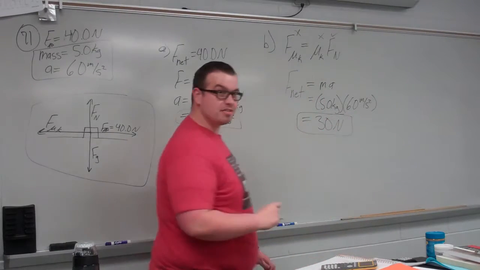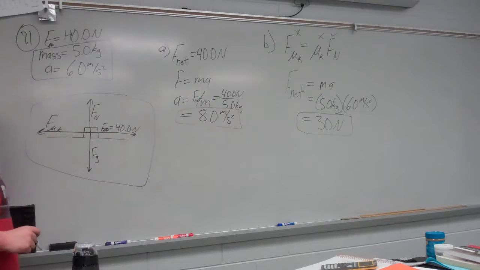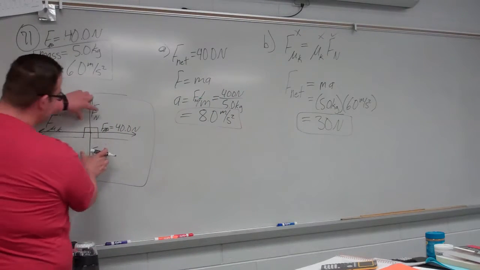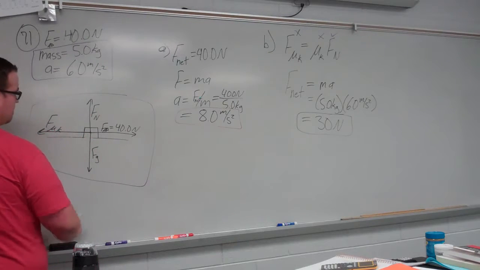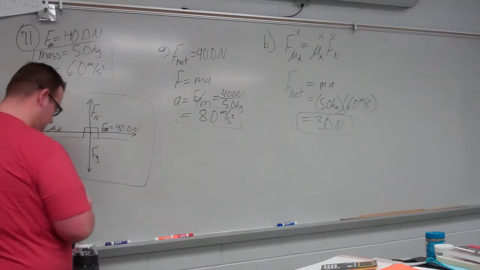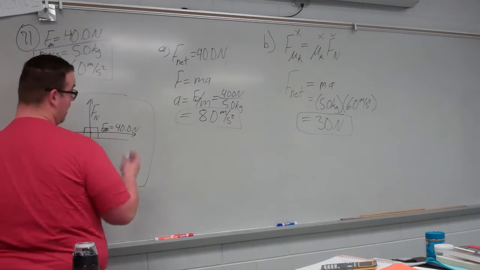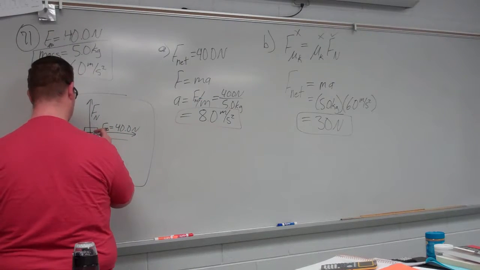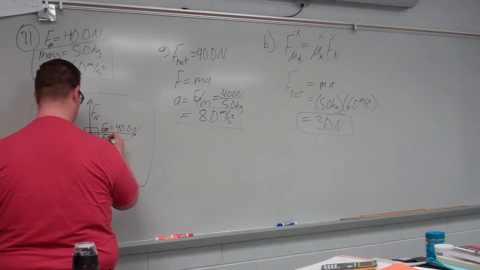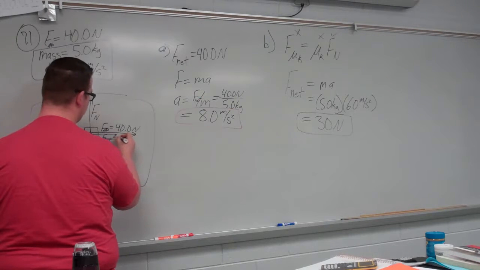That is the summation of all the forces going on. So the y's cancel each other out and the x's end up giving me a net force equal to 30 newtons.